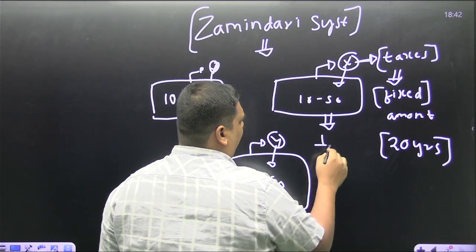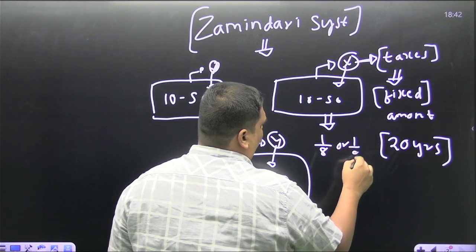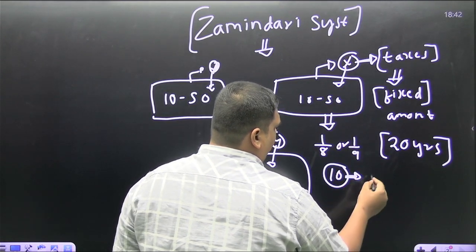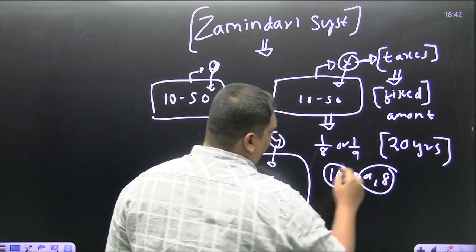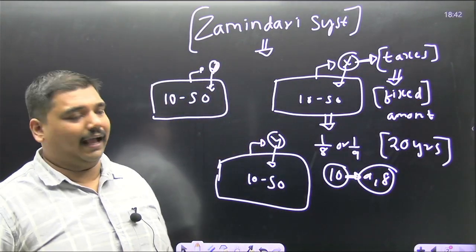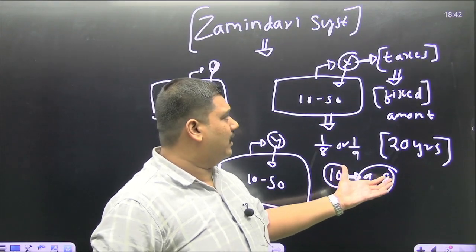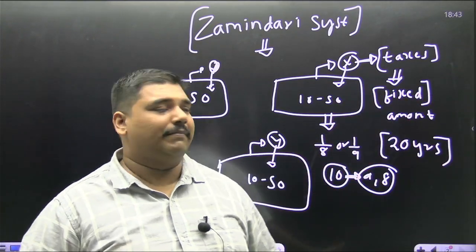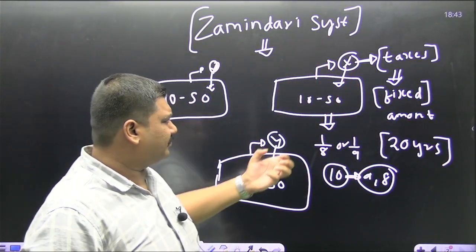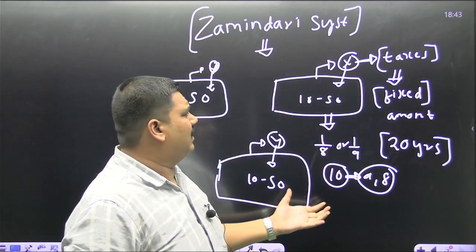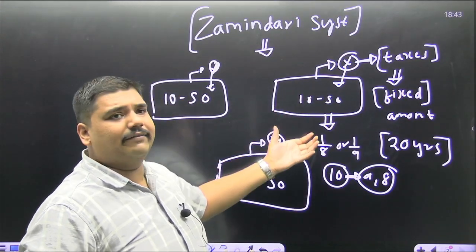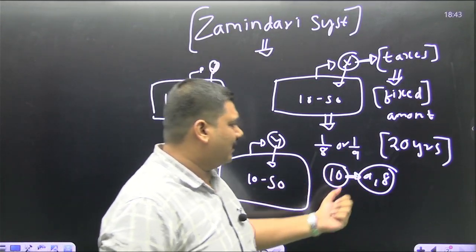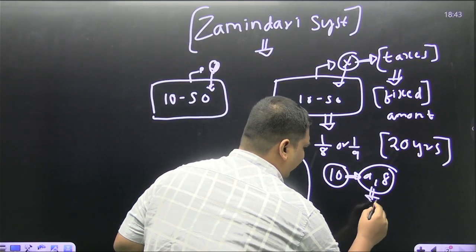They taxed from 1/8 or almost 1/9. That means if a person produced 10 bags of produce, 9 or 8 bags were taken away as tax. Now, this is not directly corresponding to the amount that the zamindar has to pay to the British government, but these zamindars forced the cultivators into paying high taxes, and these taxes were liquidated.